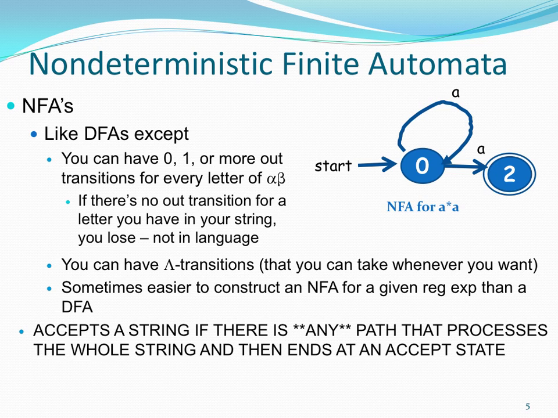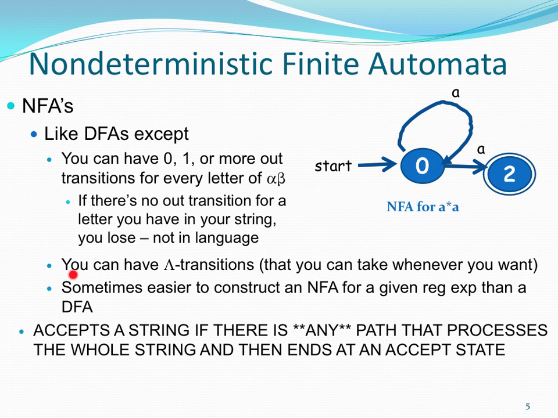You can have 0 out transitions for a given symbol. You can have 1. You can have 23. Doesn't matter. So an NFA is like a DFA, except you can have 0, 1, or more out transitions for every letter of the alphabet. And if there is no way you can move, there's no out transition for a letter you have in your string, it's not in the language.